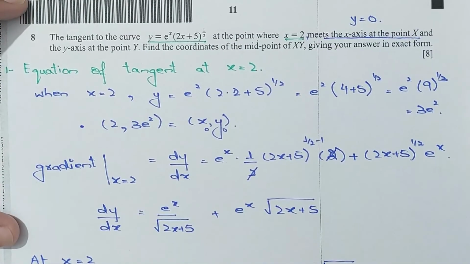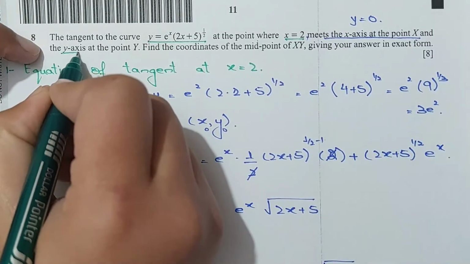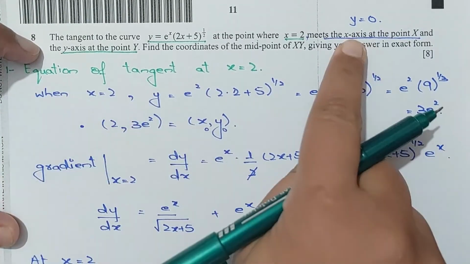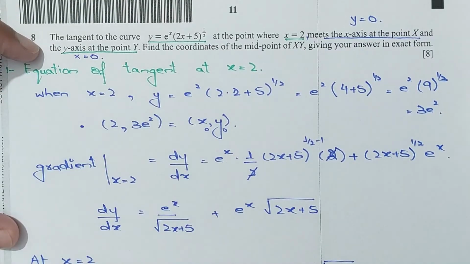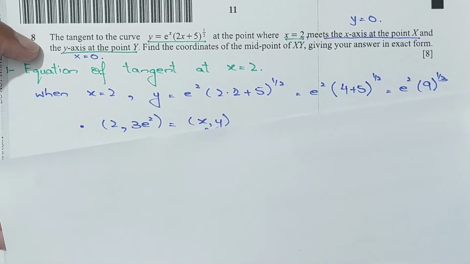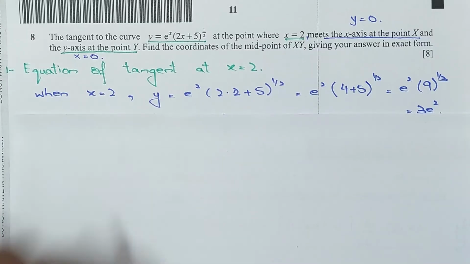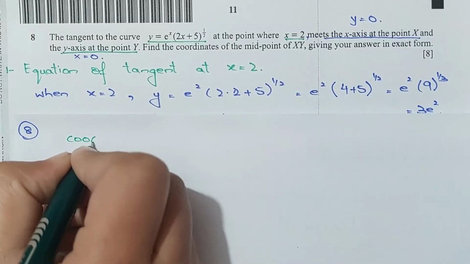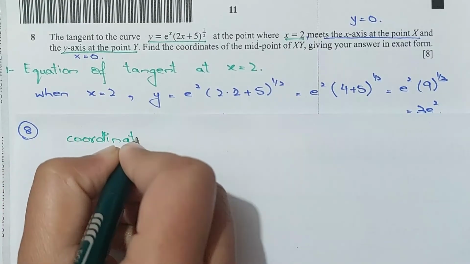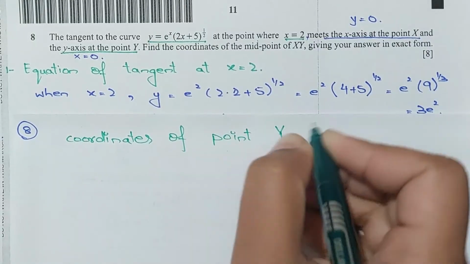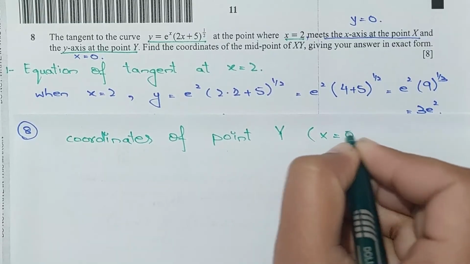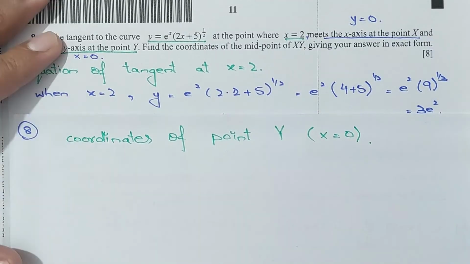Further, the tangent meets the y-axis at point Y. This means x should be equal to 0, and we find the coordinates of Y. The remaining steps for question number 8: the coordinates of point Y. Put x equal to 0 in the equation of tangent.